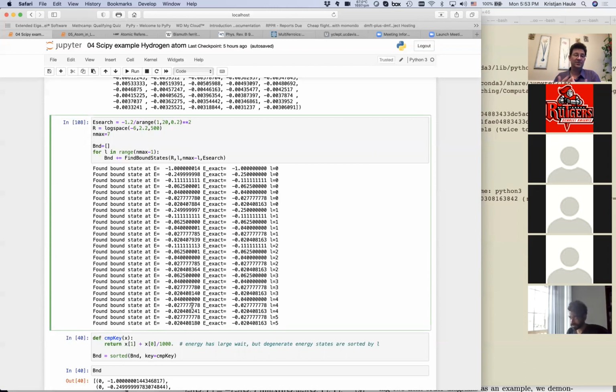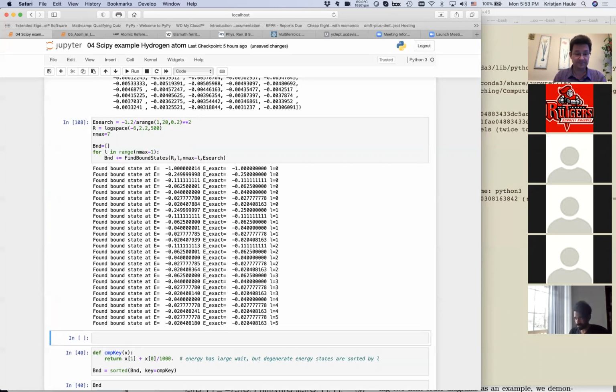So if the user decides that he wants to simulate an atom with 20 electrons, then we need to find the lowest few bound states that can accommodate this charge, isn't it? So in order to do that, first thing to do is to sort the bound state energies according to their energy. Okay, so naively you would say, well, that's a really simple problem.